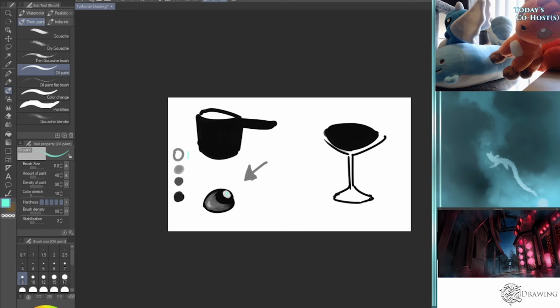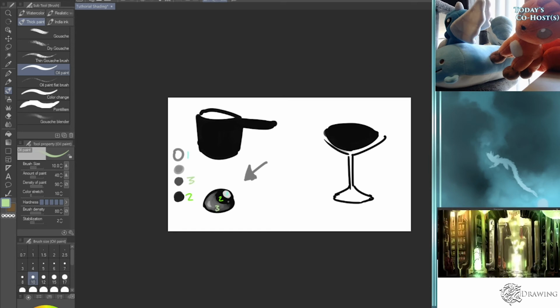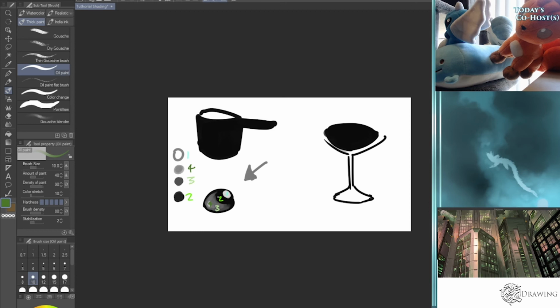But now, that core shadow is going to be right next to the highlight. The reflected light is going to be further in because this light is reflecting from other objects. And then the local tone is actually going to be very localized. It's going to be kind of the area where we see the highlight pool.